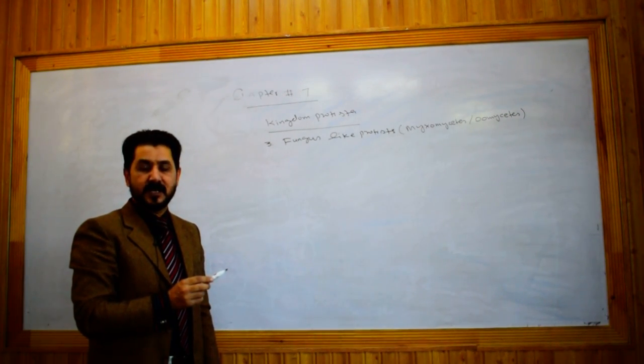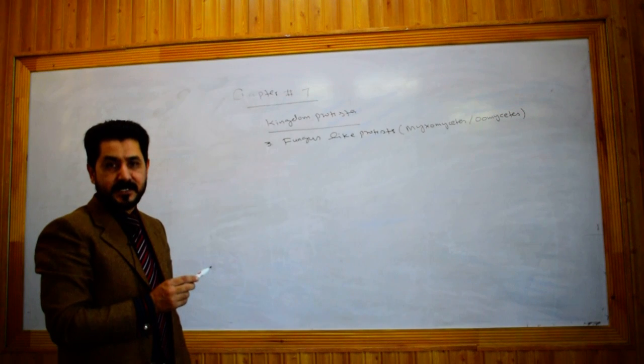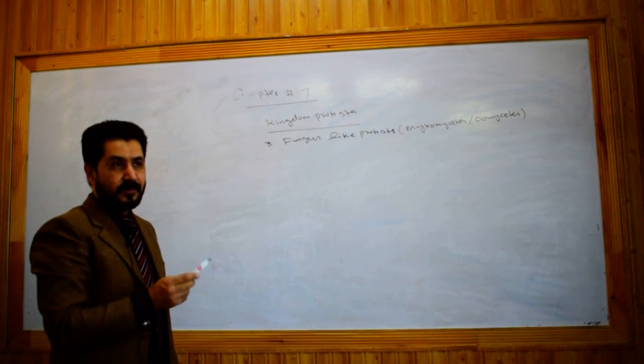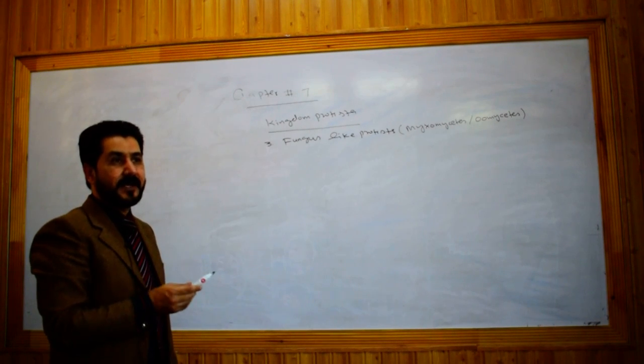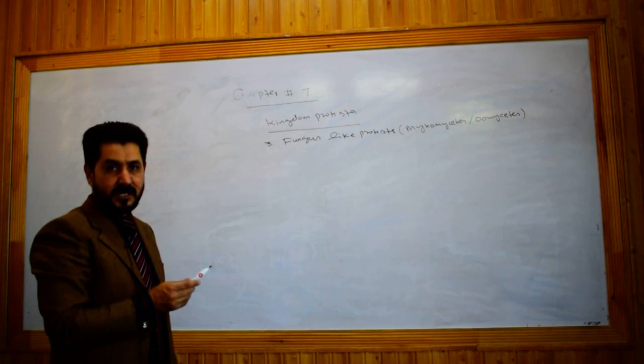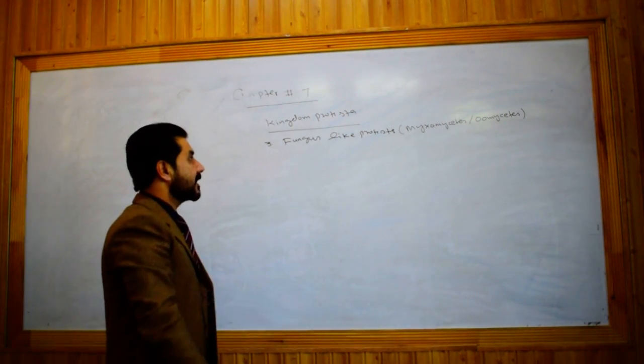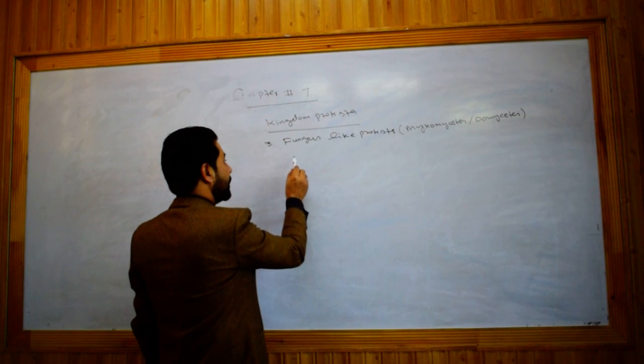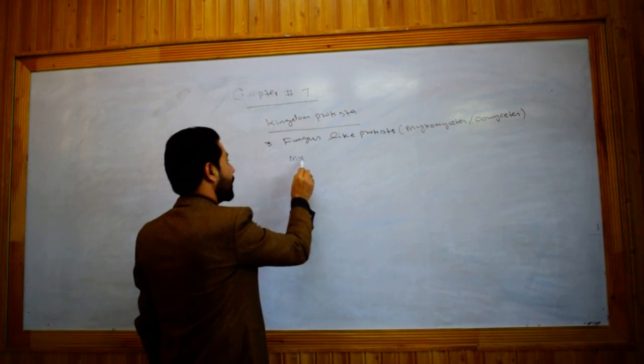They have some characteristics of fungi, but the majority of the characteristics are different from true fungi. So this is the reason behind their exclusion from Kingdom Fungi, which includes true fungi. So let's talk about the fungus-like protist. First of all we will talk about the Myxomycota.